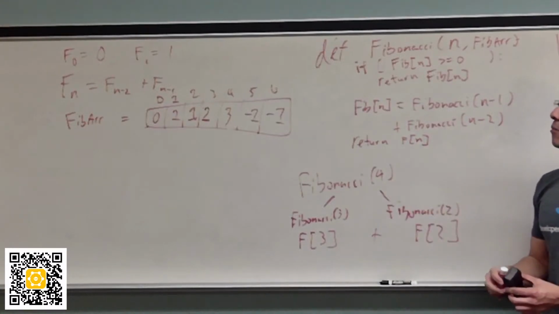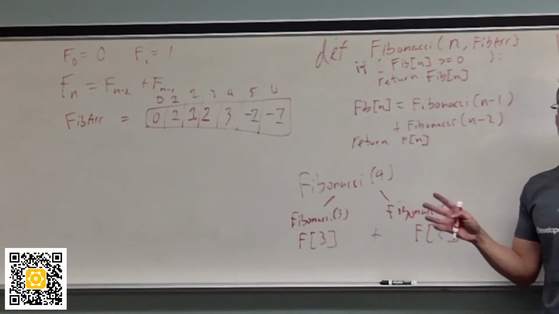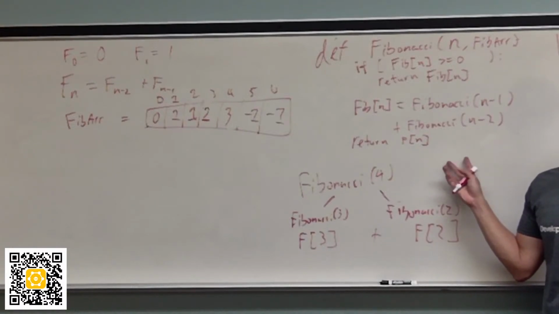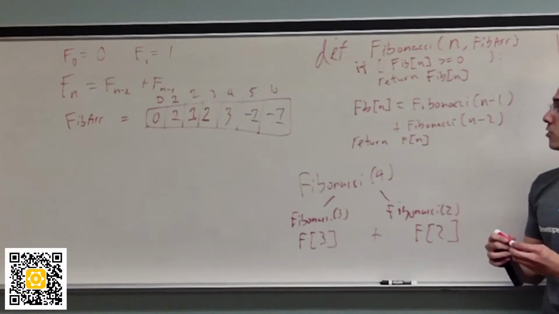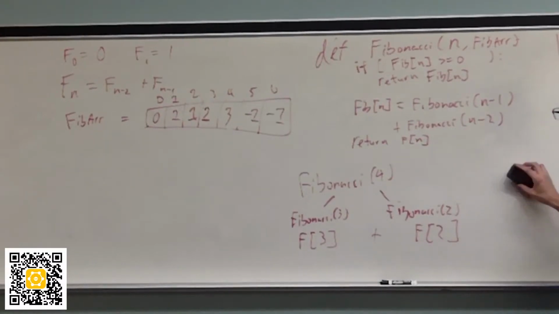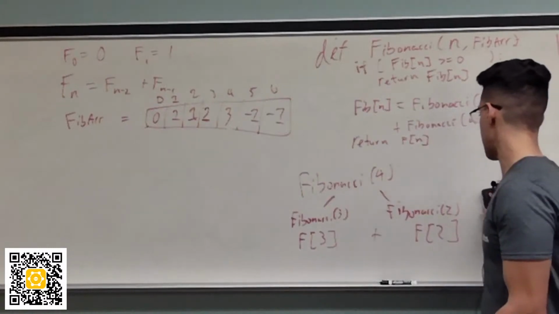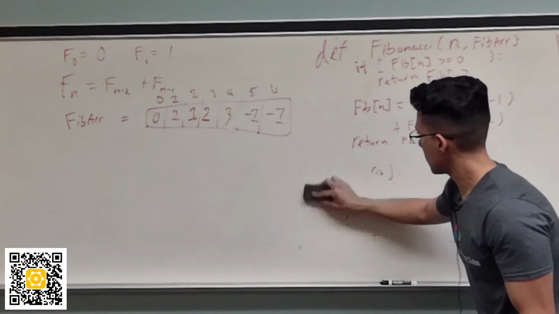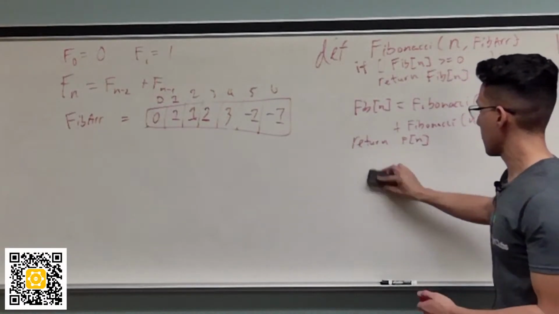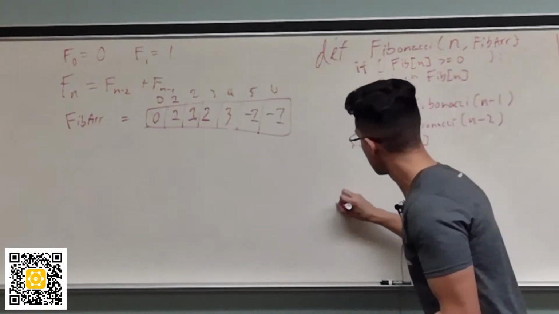And before that was going to take exponential time. Now this is going to take linear time. So the amount of time taken to solve this problem was immensely reduced. This is the optimal solution for recursively solving Fibonacci. And what I did was called memoization.